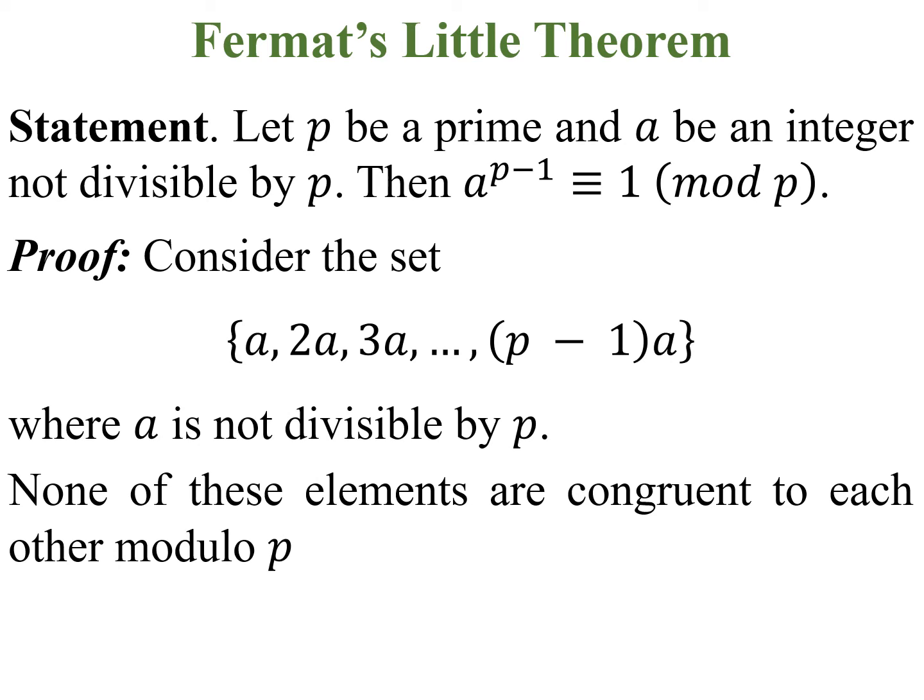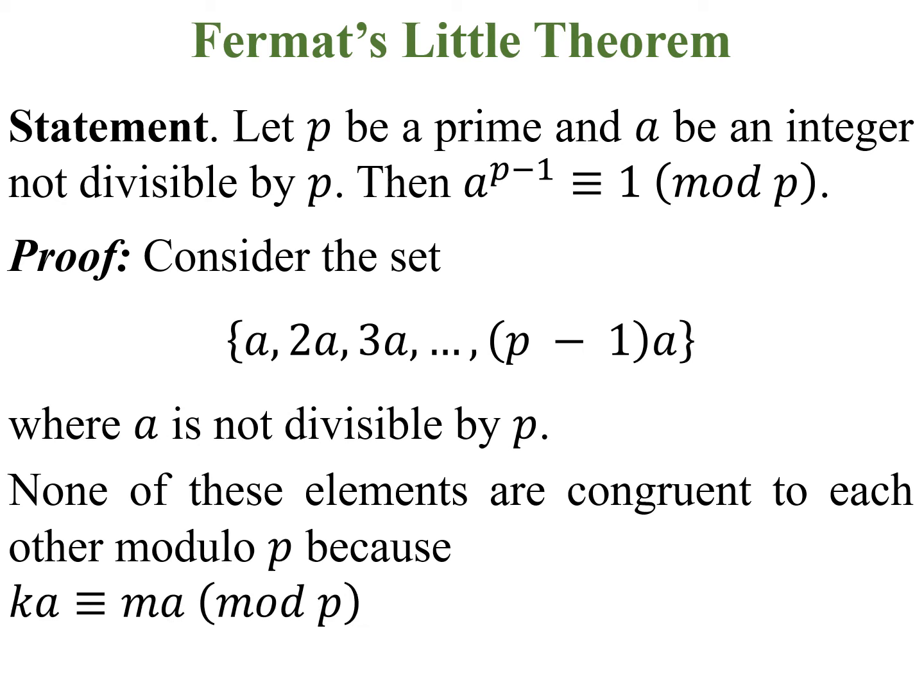So none of these elements are congruent to each other modulo P, because A is not divisible by P. By the cancellation law, if two elements are congruent to each other modulo P, and the GCD of A and P is 1, you can cancel A and you will get 1 is congruent to 3, 1 is congruent to 4, 4 is congruent to 5, like this, which is not true. So none of these elements are congruent to each other modulo P, and here we have mentioned the reason.